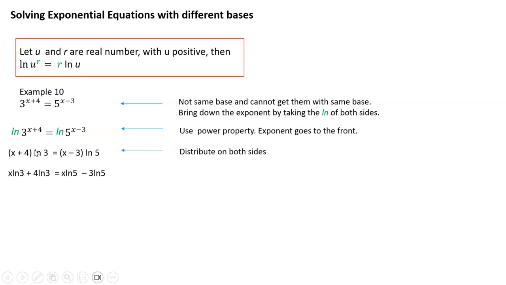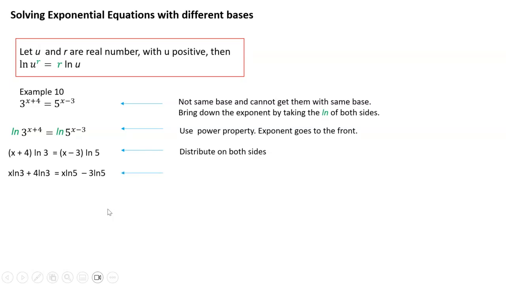Why? Because if not, you have to put parentheses, so you always put the number in front to eliminate some of the confusion. The ln of 3 times x gives x ln of 3. The ln of 3 times 4 gives 4 ln of 3. On the right side, the ln of 5 times x gives x ln of 5, and ln of 5 times negative 3 gives negative 3 ln of 5.